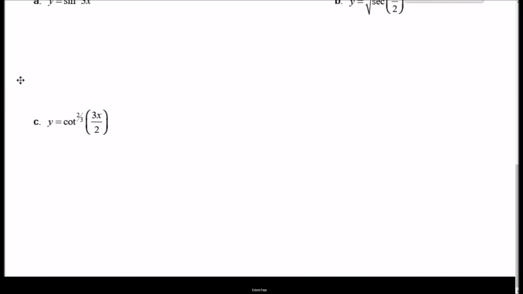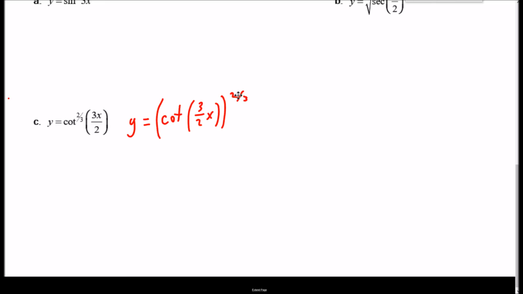For letter C, we need to rewrite it using some additional parentheses to make it easier for us to see what is the inside, what is the middle, and what is the outer function. So we'll rewrite this as the cotangent of 3 over 2 x all raised to the 2/3 power. So my inner function is this 3 halves x. My middle function is the trigonometric cotangent.